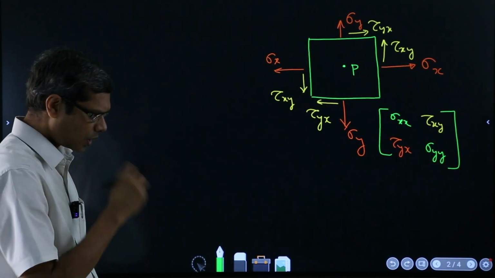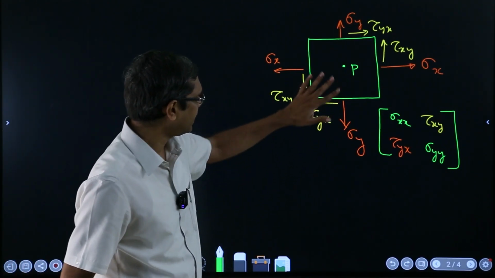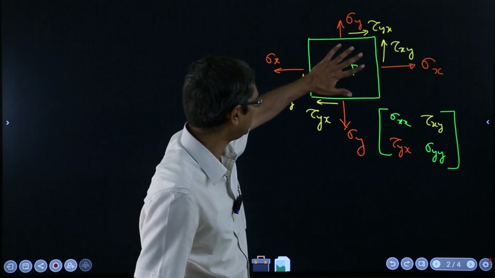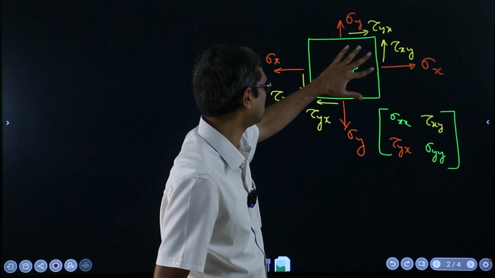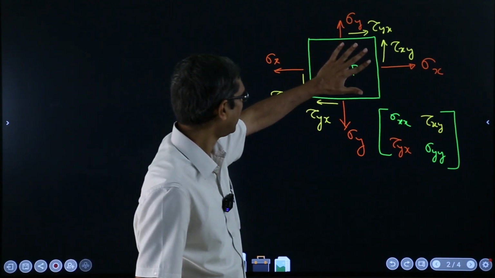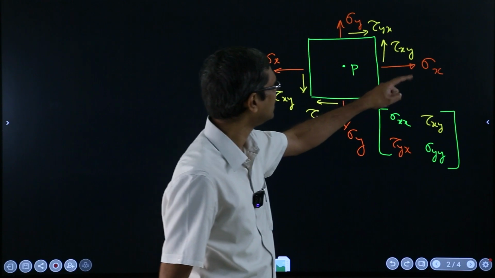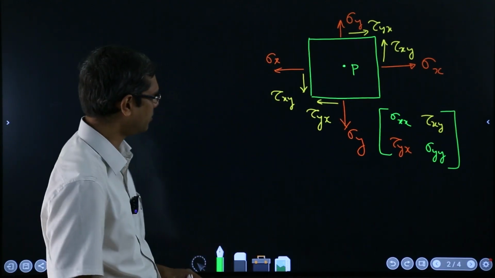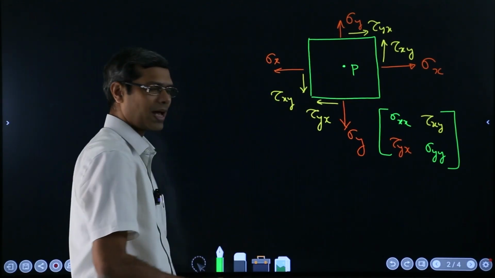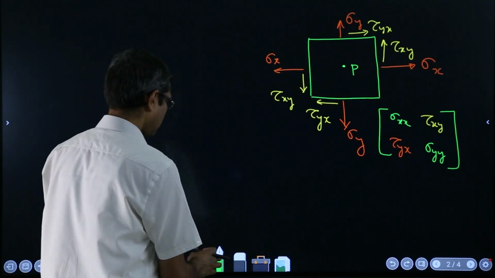But then what we are looking forward to is that if we rotate this cube, which is now in fact this square, by some angle, then how do these stresses actually change? That means just imagine that this is a square inside a big body.